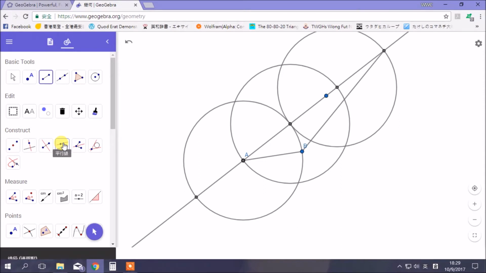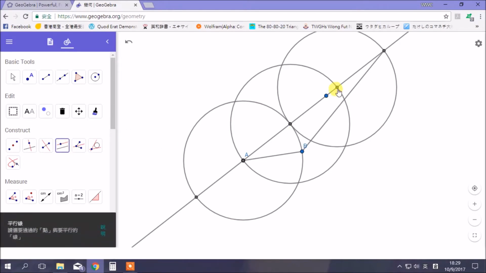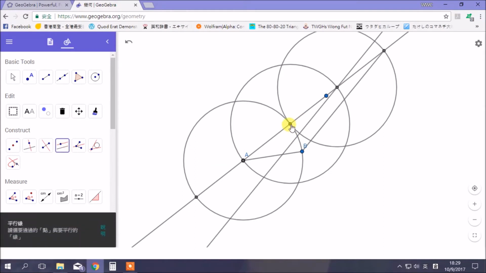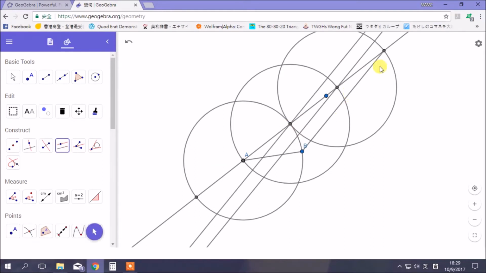But for simplicity, I skip this step and just use the parallel line tool from Geogebra. But you can also use compasses and straightedge to construct parallel lines. The idea is just that we copy the parallel lines from here to here. Then you can see that you form a line. And for this one, you can also form the parallel line like this.